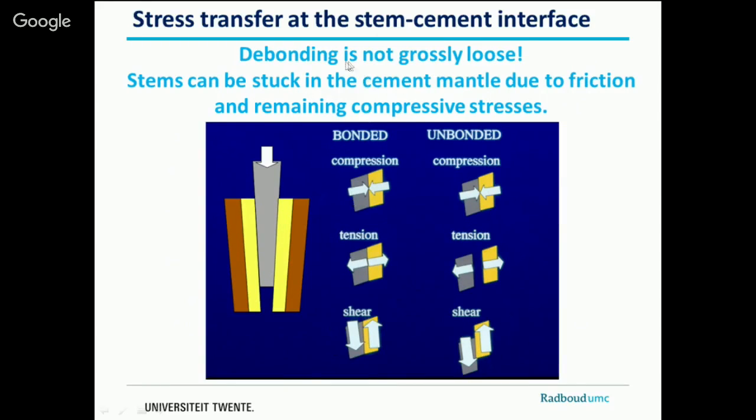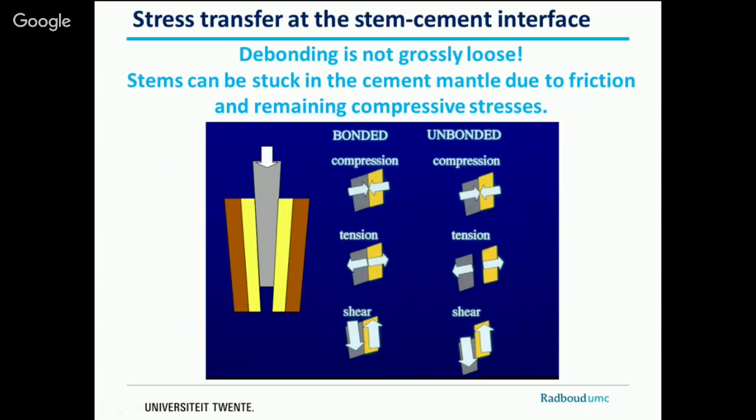Okay, so the surgeons were very scared when we talked about debonding because they thought debonding means that my implant is loose. That's not the case at all. You can imagine that this does not stick to the cement, but if it's embedded in the cement, it can be very stable, right? Because it's completely surrounded by hardened bone cement, and it does actually very well.